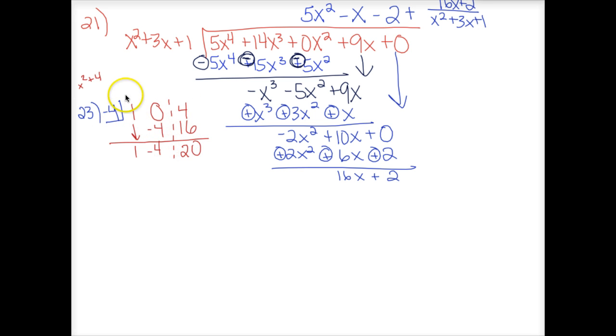Remember, my original dividend was an x squared, which means my answer should be 1 power below that, so x to the first. So 1x to the first, which is just x, minus 4. This is my remainder. It's positive, so I do a plus 20 over. My divisor was x plus 4, so that's what I write on the bottom of my remainder.